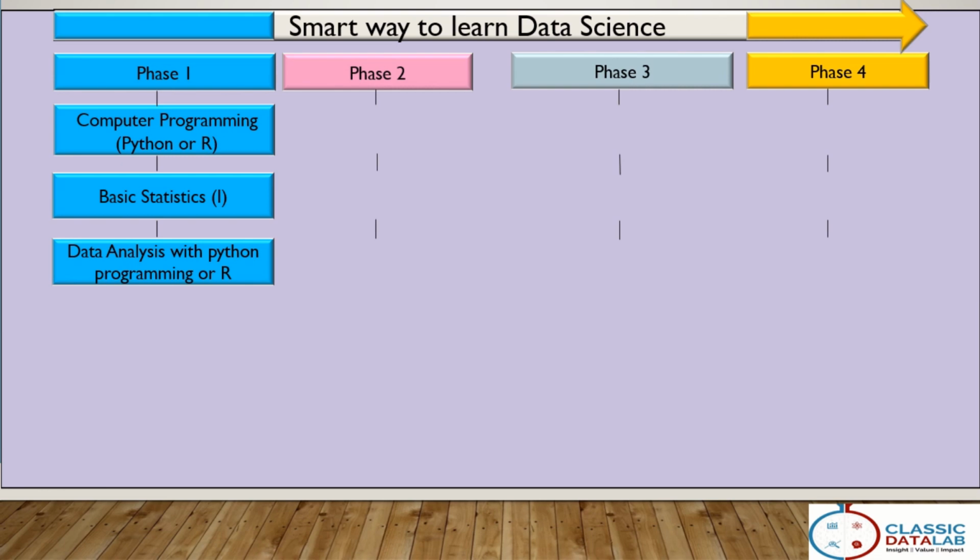After the basic statistics, then you move on to data analysis with either Python or R, depending on which one you learned during the computer programming section. Assuming you learned Python, under data analysis with Python, you will need to master important packages like NumPy, Pandas, Seaborn, Matplotlib, right?